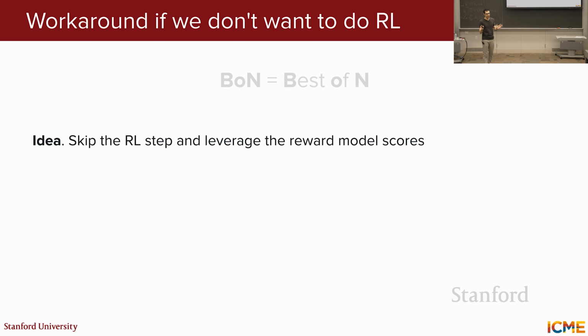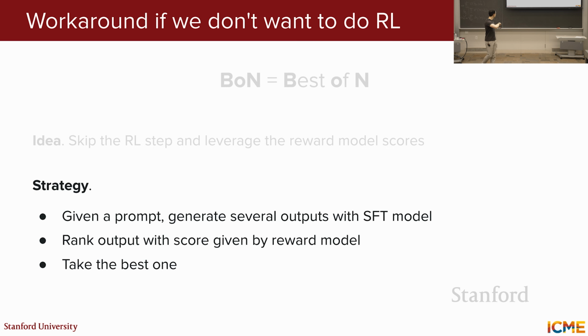And the idea here is to leverage the reward model that you obtained in order to choose the output that you will return to the user. So you have a prompt, and you tell your models, OK, you actually want to have several generations.